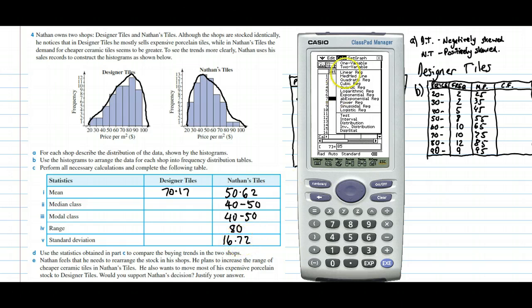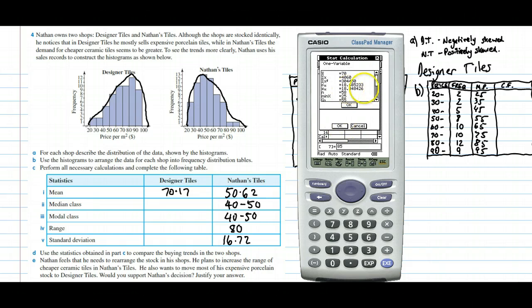These might be a couple of decimal places off. But let's go back here. So yep, the median class was the class containing 75, which was 70 to 80. The modal class was 85, so 80 to 90, that's the class that contains the 85.